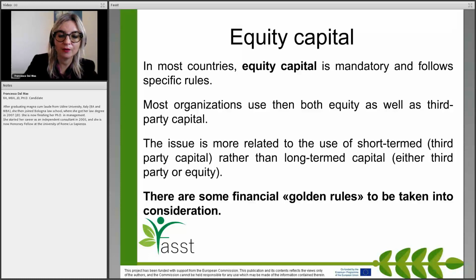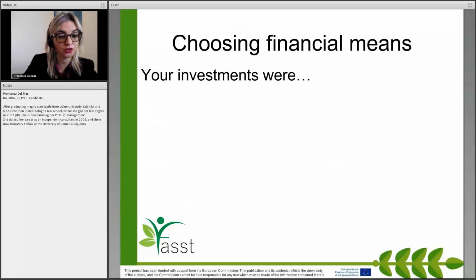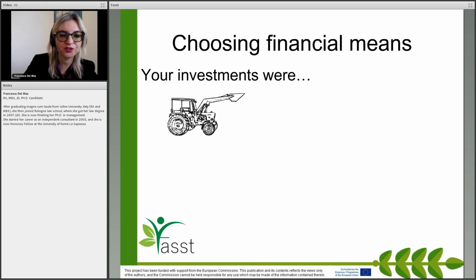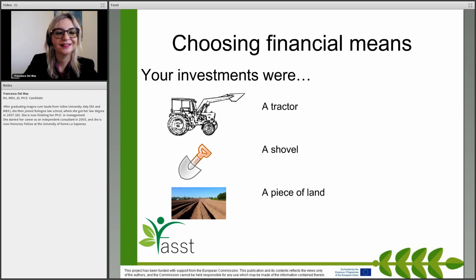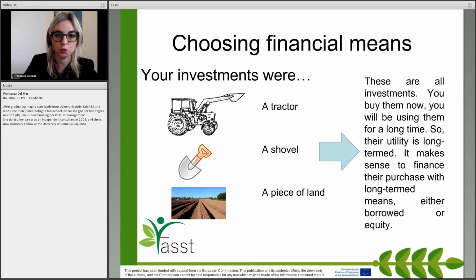Let's start from our initial example one more time. If you remember, the investments were the tractor, the shovel, and the piece of land. So what kind of financial tool can we use here with better use? These are all investments.